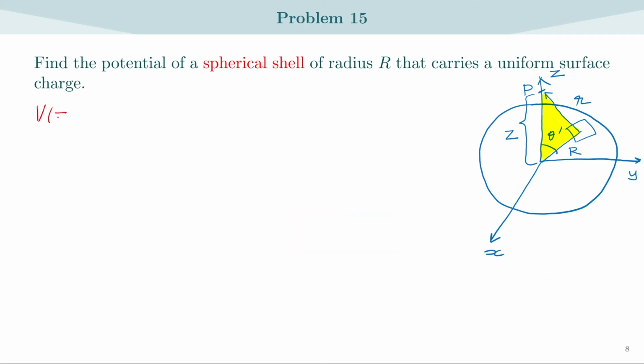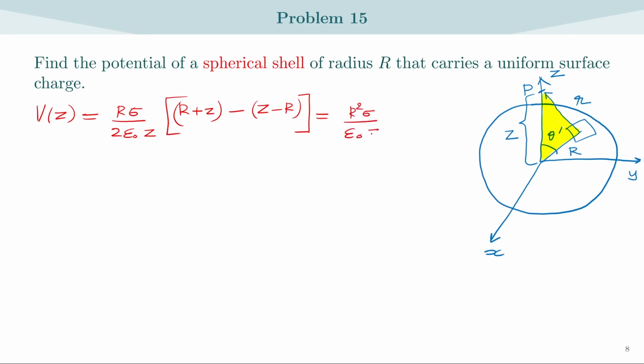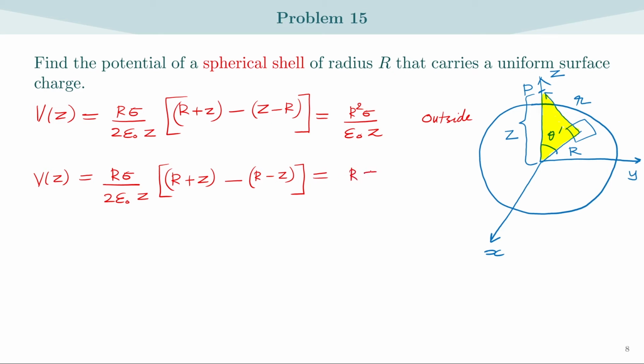Thus, we have the potential V(z) as equal to Rσ over 2ε₀z times [(R + z) − (z − R)], which is equal to R²σ over ε₀z for points outside the sphere, and V(z) as equal to Rσ over 2ε₀z times [(R + z) − (R − z)], which is equal to Rσ over ε₀ inside the sphere.